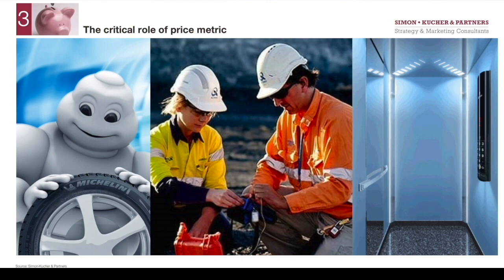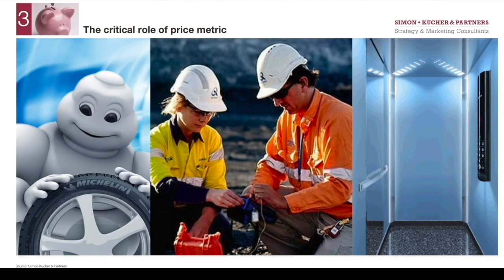This is very, very important, and it feeds into one of the most interesting insights, which is if you can change up the way that you meter, the way that you measure price, you can potentially find a market advantage without changing anything about what you do. So some quick examples here. On the right, an elevator from Otis Elevators.